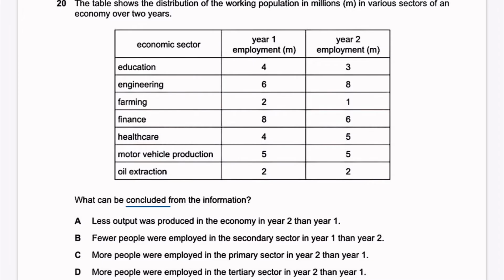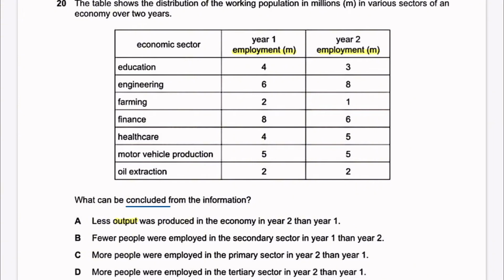So A, less output was produced in the economy in year 2 than year 1. But this may not be relevant because the data is about employment, not about output. But let's see first.